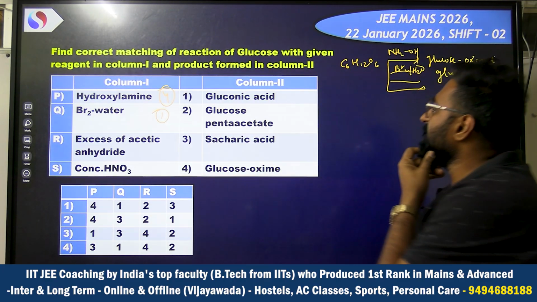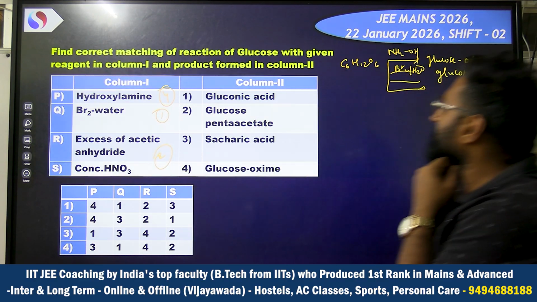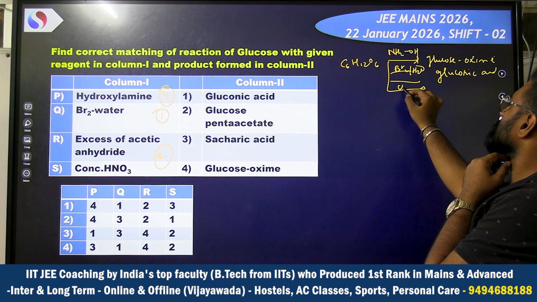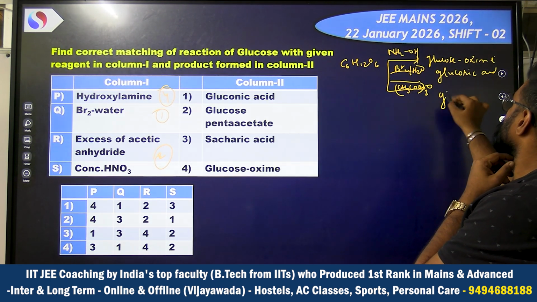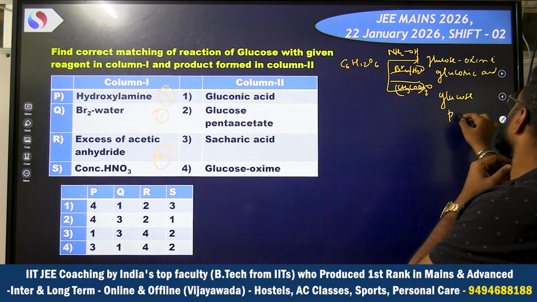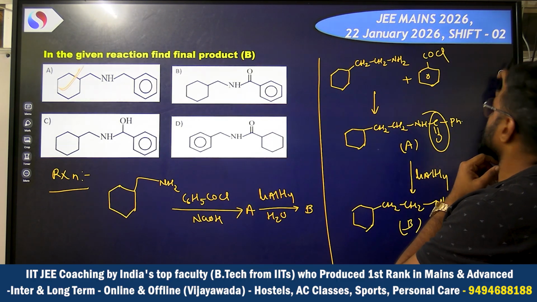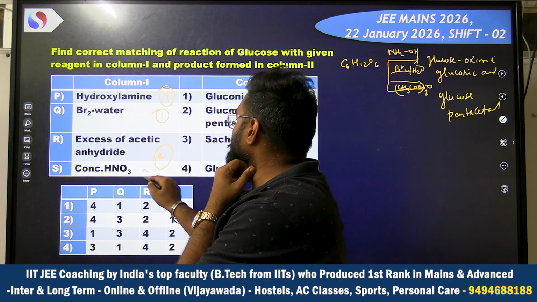Excess of acetic anhydride, CH3 C double bond O whole twice O, gives glucose pentaacetate. And concentrated HNO3 will give saccharic acid.